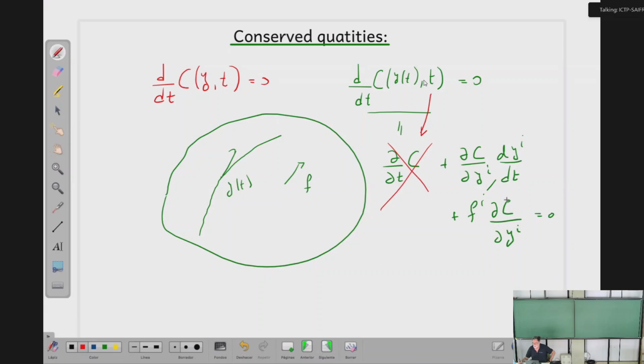So the conserved quantities are functions defined here such that they are constants along the f. So for instance, if I have an f here that goes like this, a conserved quantity has to be something that is defined, is constant along this line.